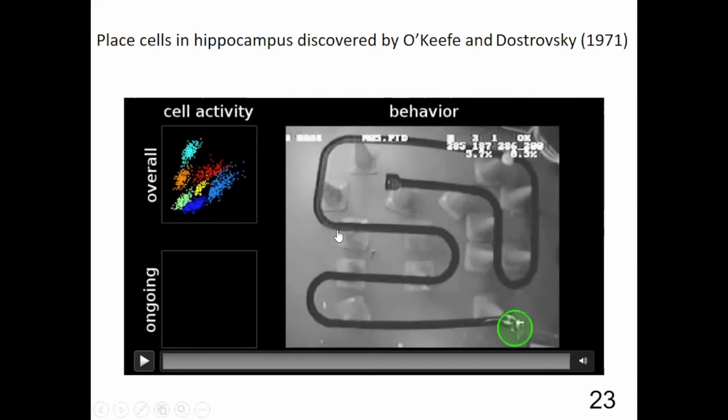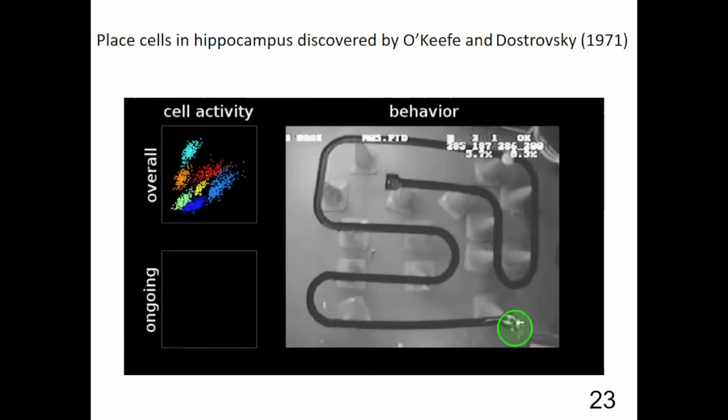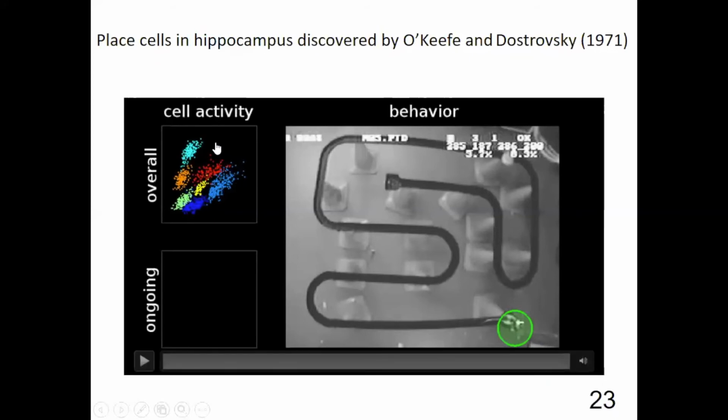And as it walks through this maze, you will hear as well as see action potentials that have been recorded from the hippocampus. These are color coded, so this is showing you what will show by the end of the experiment. And these different colors are representing different neurons. So as the rat moves through the maze, I encourage you to look at when each different neuron is firing.